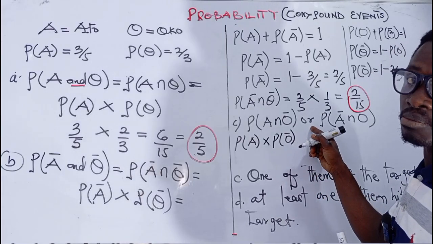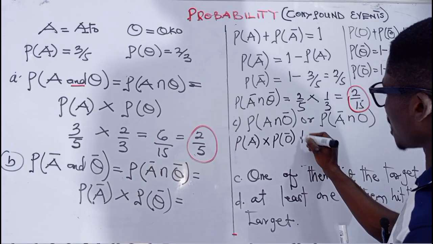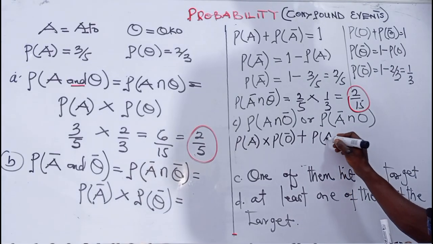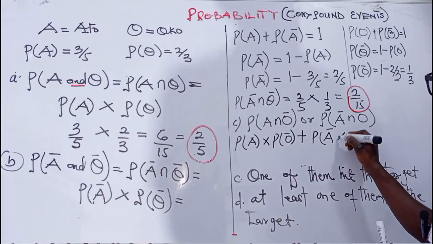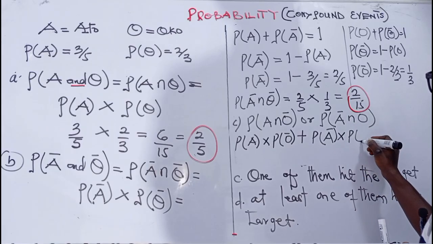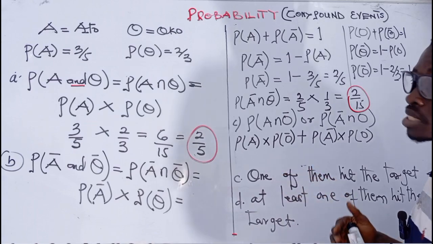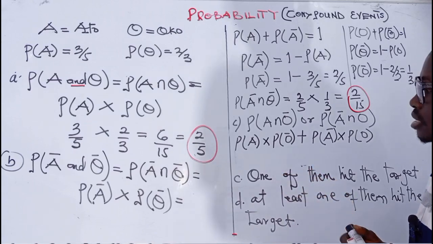The "or" in probability means what? The addition. And then we have the probability that Ato couldn't hit the target. The "and" means multiplication. Then we have the probability that Oko hit the target. Now once we have this, we substitute in their respective probabilities.